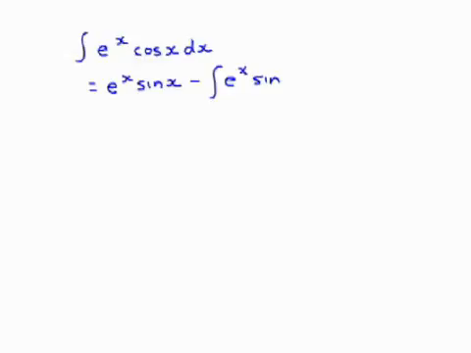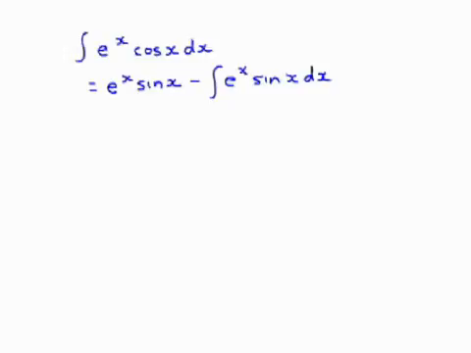So, what we had found on the first screen was that the integral of e to the x cosine of x dx was equal to e to the x sine x minus the integral of e to the x sine x dx. Well, we evaluated that integral and we got what we have now in these brackets.